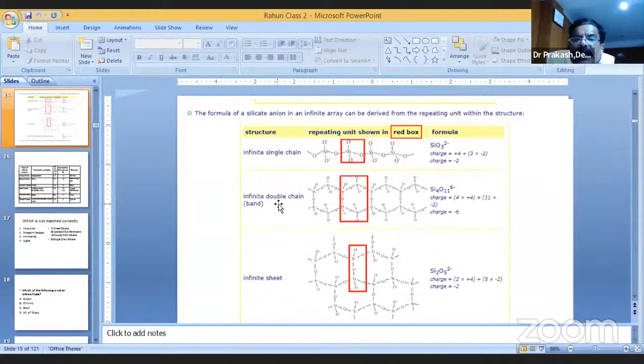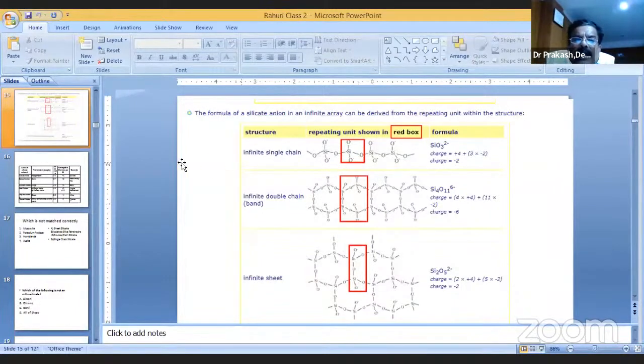Similarly, when it comes to infinite double chain, Si4O11, 6 minus, you can see here all of them. So this is 1, 2, 3, 4, 5, 6, and so that entire unit will be there. And similarly, if you count them, there will be exactly the same number. Infinite sheets, yes, Si2O5. For 2 Si, we'll have 5 oxygens in this. So per silica, it will be 2.5.